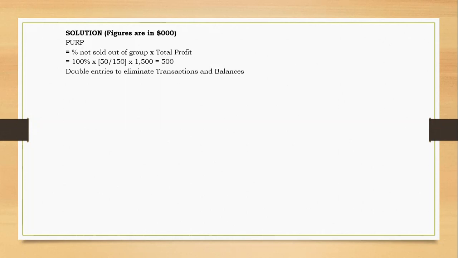So Pyramid earned the profit, while Square bought goods. So Square had the inventory. So you have to remove this profit from the income statement of Pyramid, right? And then you have to remove it from the inventory of Square. Now, I'll make that adjustment at the end. For now, let's just go to other adjustments.